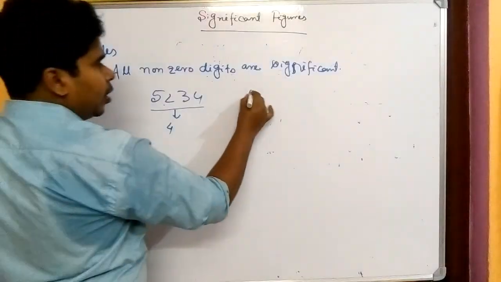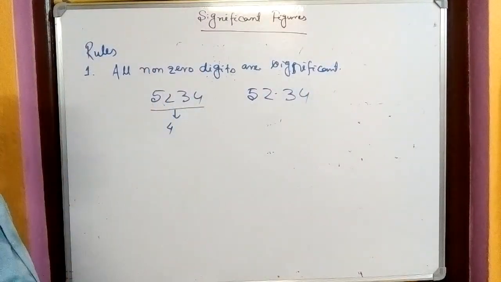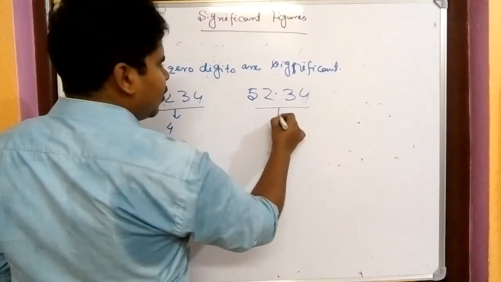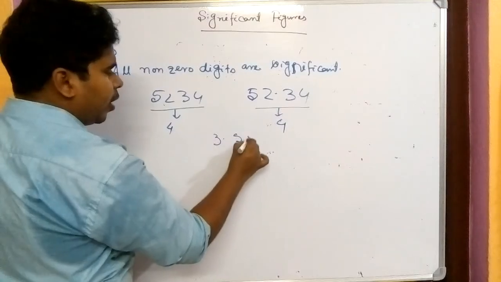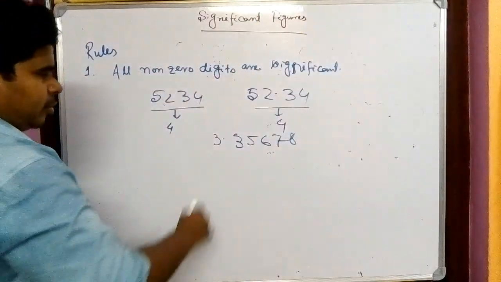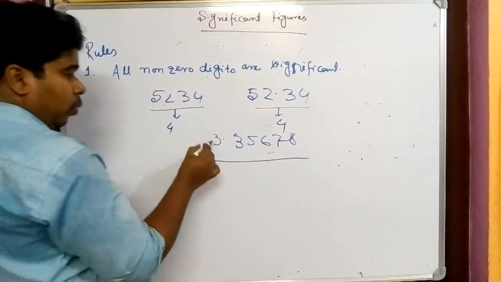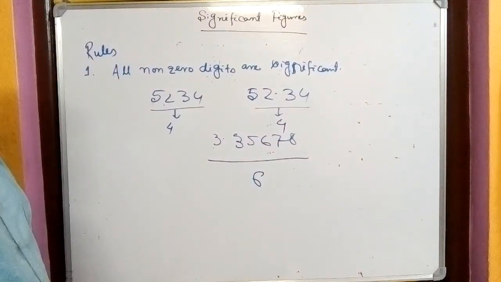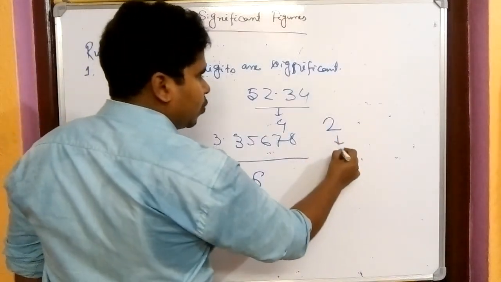If I have written 52.34, here also all digits are non-zero. Here also the significant figures are 4. If it is 3.35678 and so on, a long number, all the digits are non-zero, so significant figures are 1, 2, 3, 4, 5, 6. If it is 2, significant figure is 1.